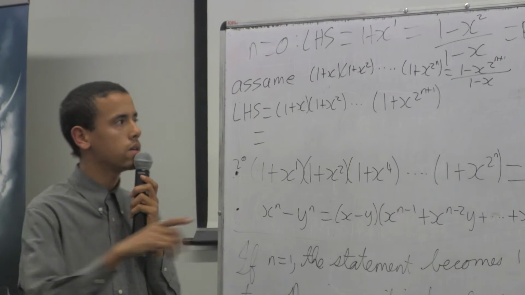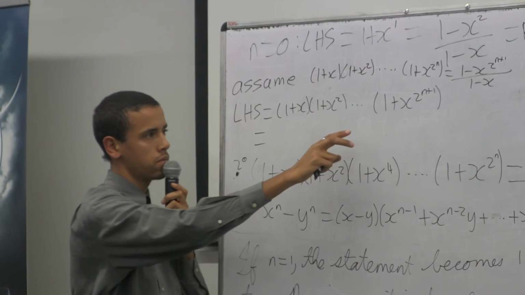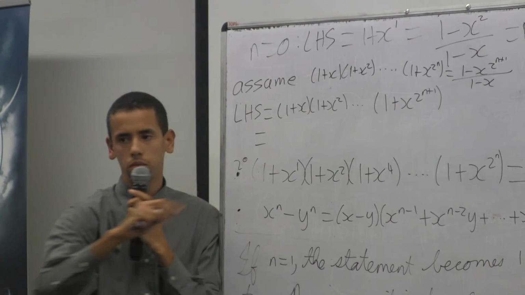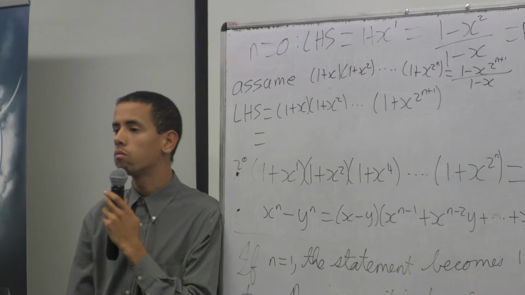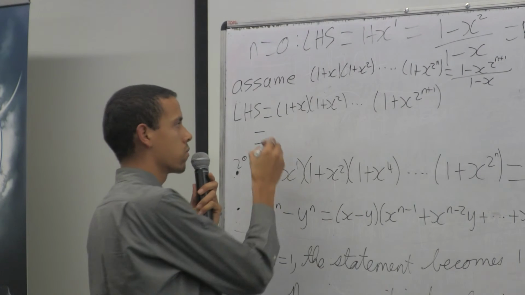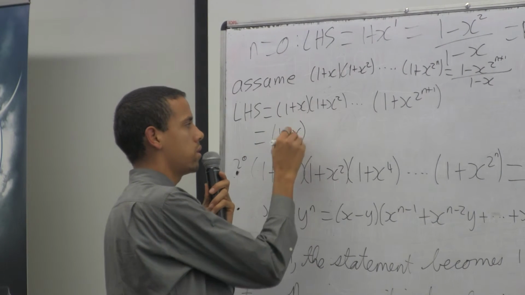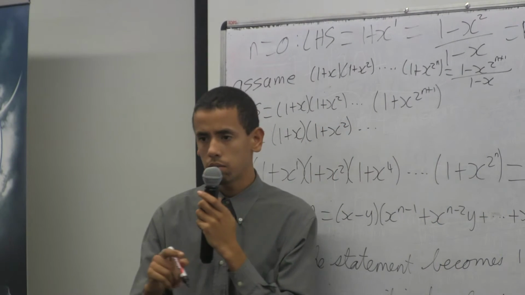Okay, so we're multiplying a lot of terms here. That's the last term. What's the second last term? Okay, so we can write it out from the start. What's the second last term?